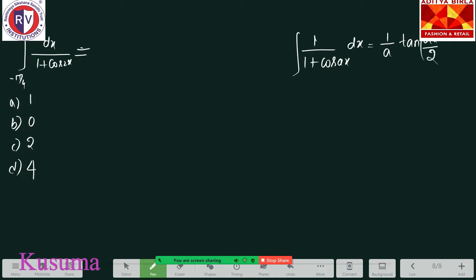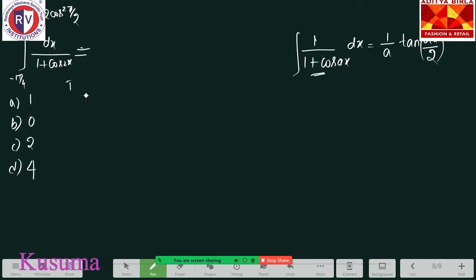So this is a standard result, and we'll make use of it here. Or in another way, you can write 1 plus cos 2x as 2 cos square x. Then the denominator goes to the numerator as secant square, and if we integrate it we will get tan x. Or else directly you can make use of this result. If you remember the result, you can do it easily.